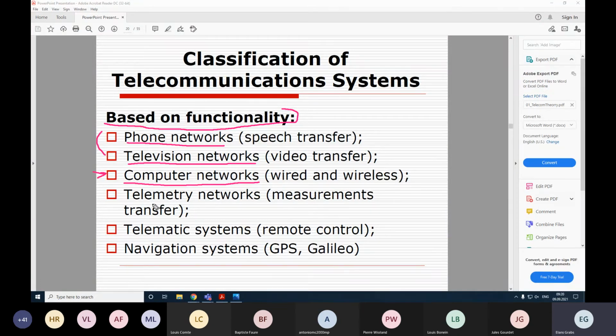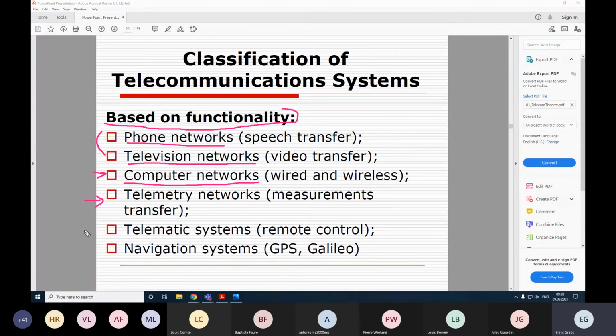Then we have telemetry networks, some measurements transfer, for example, when we launch space shuttles or something else. All this information about the shuttle, about fuel, about anything needs to be sent to the ground. The same goes for regular airplanes. This is some specific functionality which is needed from the system.